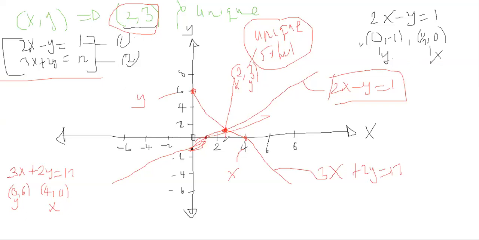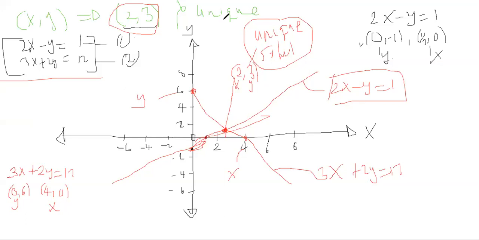Okay, so we move to a system whereby there is no solution. Remember we said that for the solution, there could be a solution, there could be no solution. If there is a solution, it might be one unique solution like this one, or we might have many, many solutions.